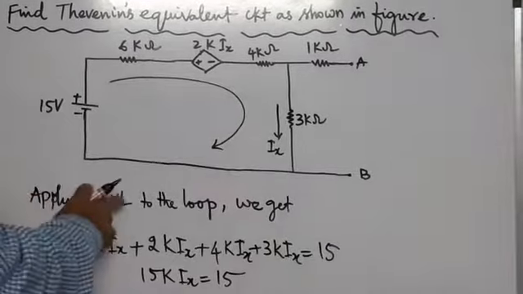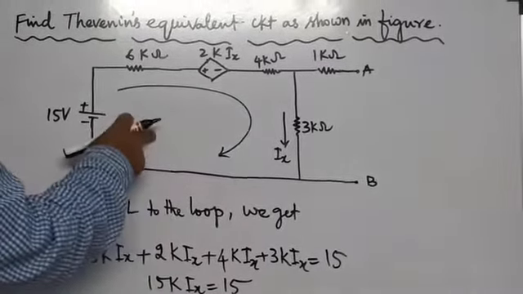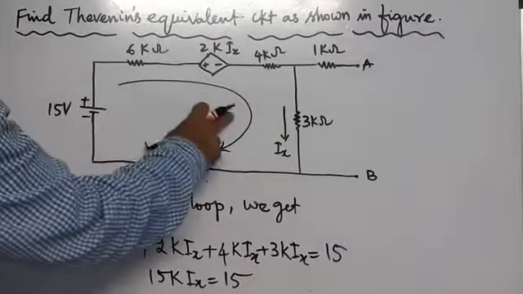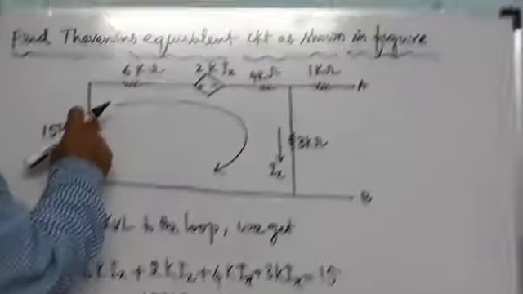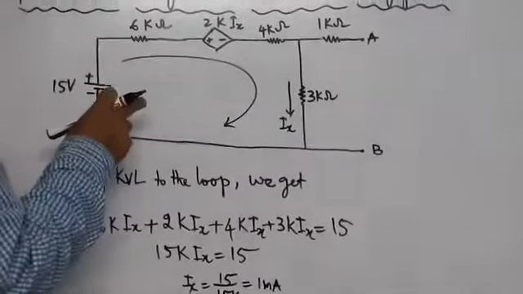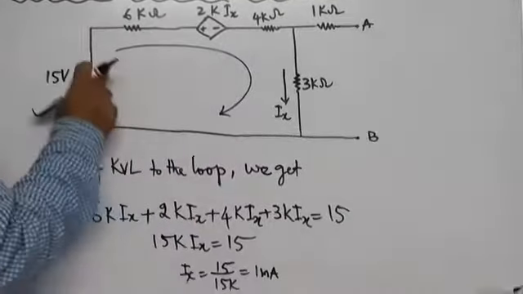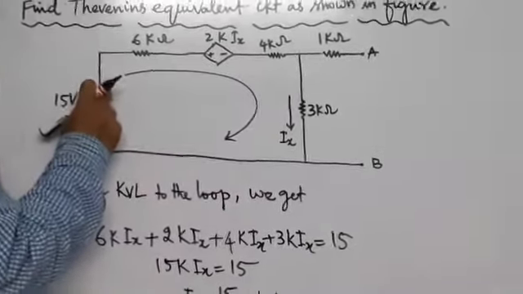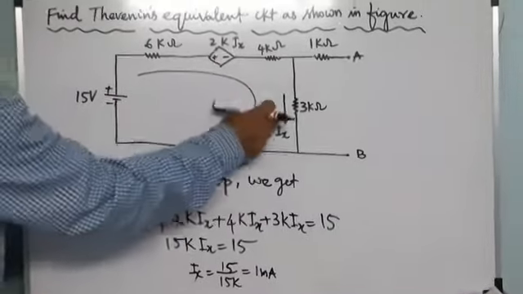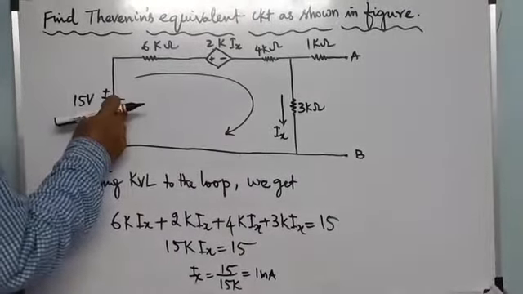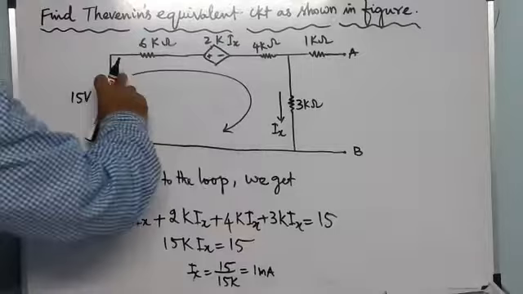Applying KVL to this loop, I give the direction of current like this. I always give the direction of current flow in the clockwise direction. So my current will start from the positive terminal.